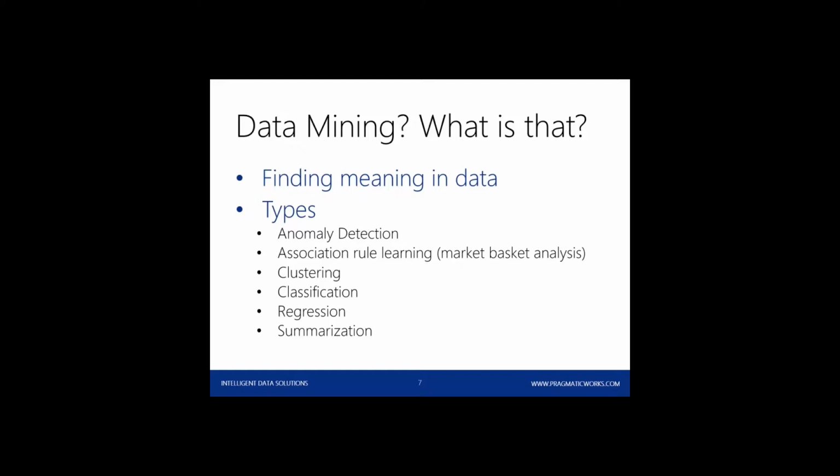Association rule learning. I put it in parentheses here because most people know exactly what it is if you say market basket analysis. I would imagine just about everyone here at some point has shopped on Amazon or Barnes & Noble's website or any kind of retail website.